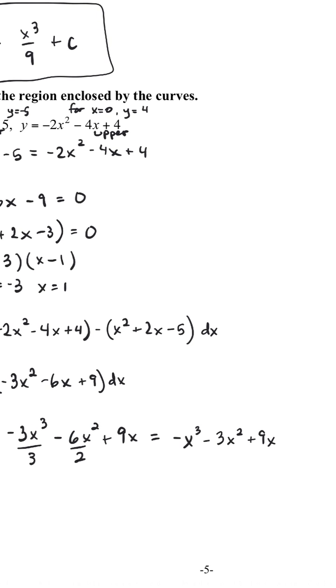So there's the antiderivative. Now we use the fundamental theorem of calculus, plugging in our bounds of integration. So we have negative 3, 1.